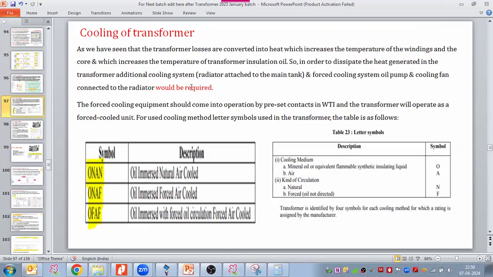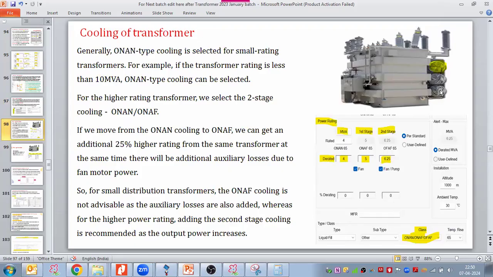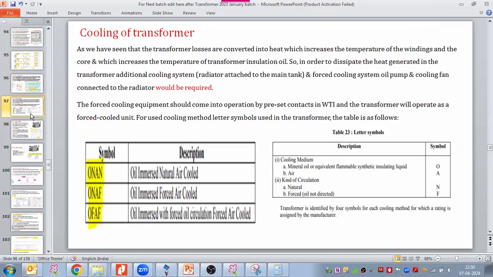In a forced cooling system, we can use a pump which will forcibly circulate the oil, and in the radiator we can attach a fan as well, which will force air onto the radiators, and that will help in cooling of the transformer.